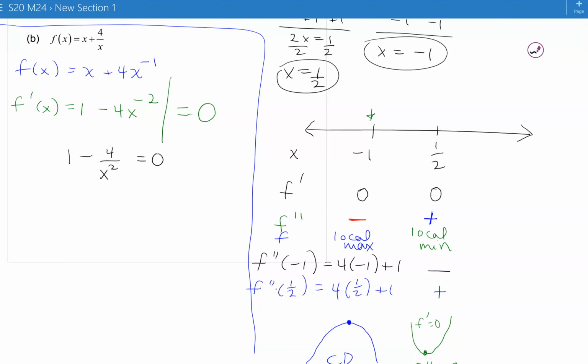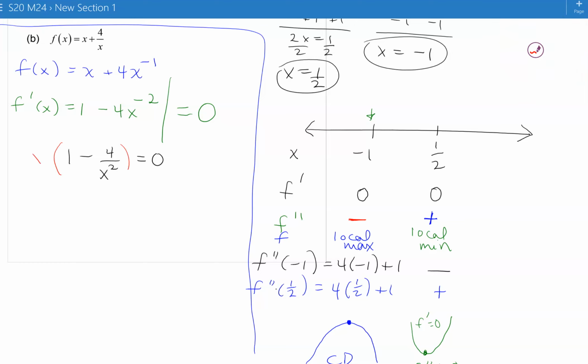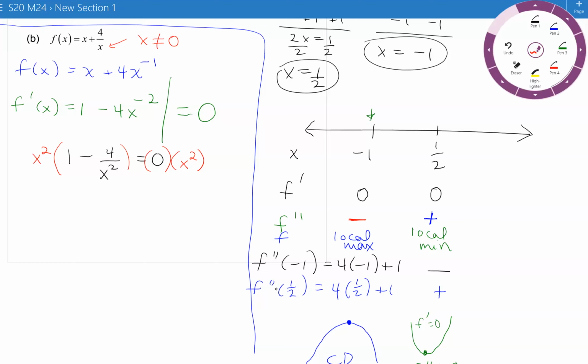That's how you get it out from being in a denominator so that you can solve for it. So you're going to want to multiply both sides here by x squared. And I can do that because x can't equal 0. X equals 0 is not in the domain of the function, so it's okay to multiply by x.